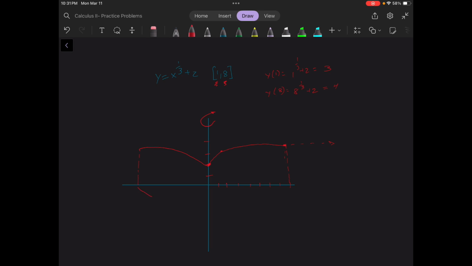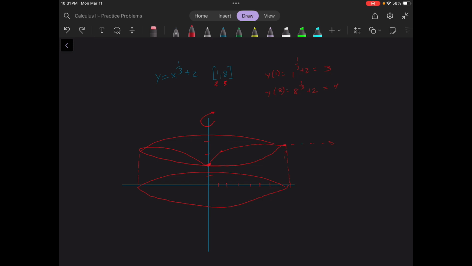And then we connect the points. This point comes to here. This point comes to here. This point comes to here. And this point comes to here. So it's kind of like a cylinder, and then it tapers off towards the middle of that cylinder. But what is the surface area of the shape, right?